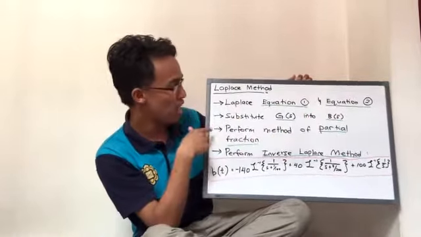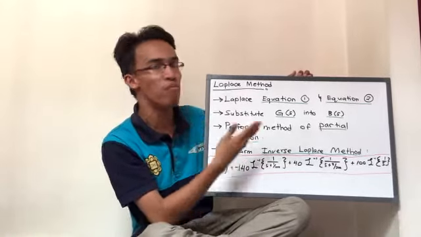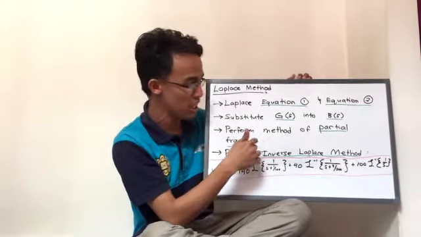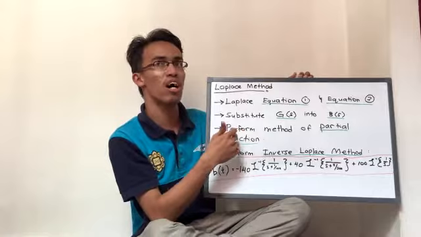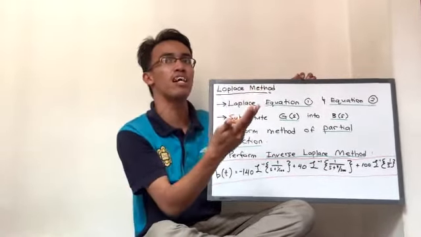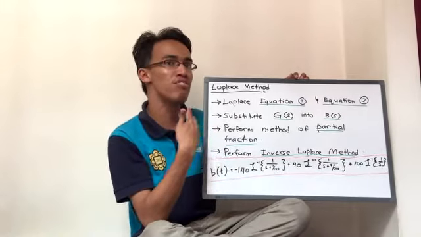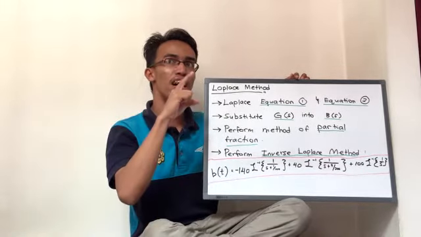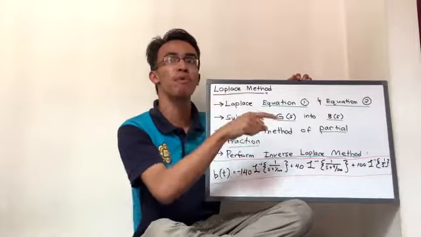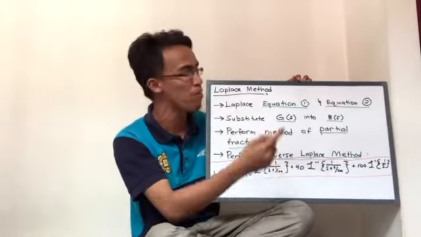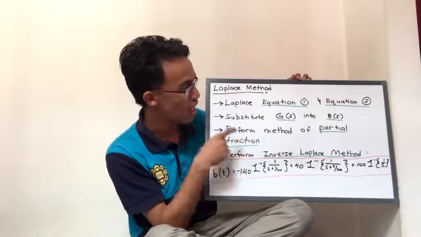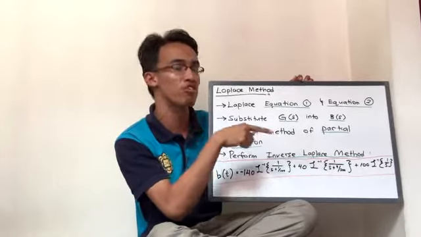Then we will perform the method of partial fractions, because to invert back the Laplace form, we need to perform this method, as there is no form of that equation in the table of Laplace transforms.